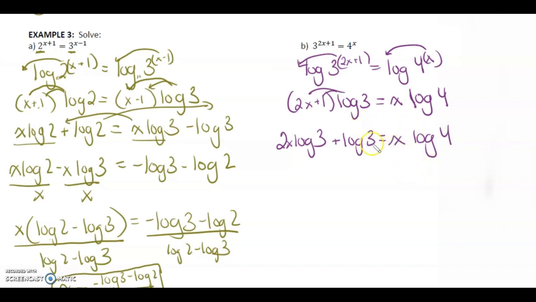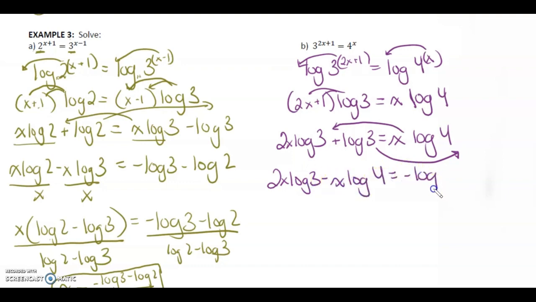Let's bring this over here and this over here. So we're going to get 2x log 3 minus x log 4 equals negative log 3.